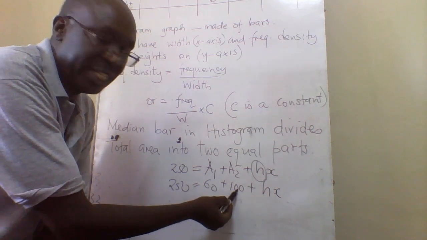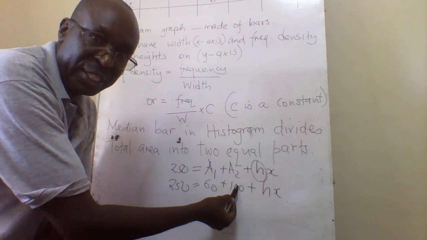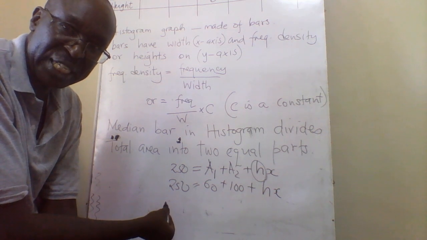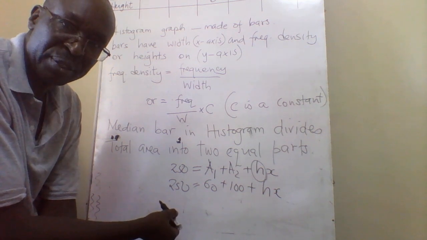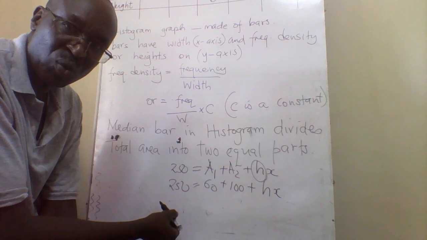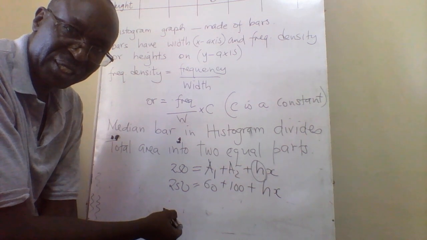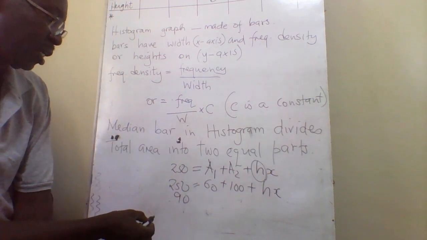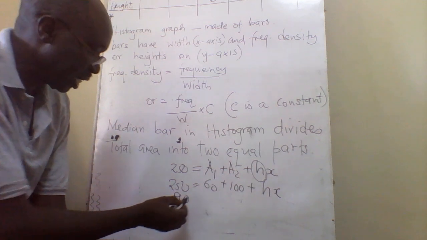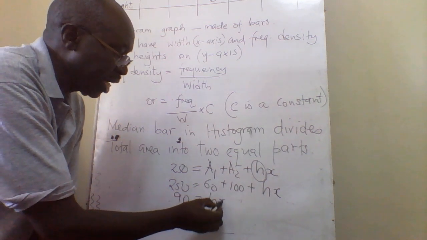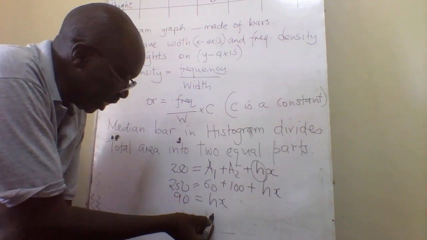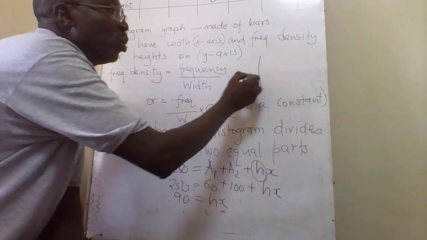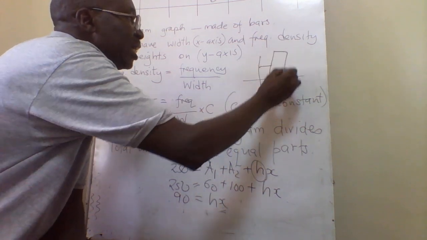So this is 160. When you bring it this side, 250 minus 160, what do you get? 90. Okay? 90 is equal to h times x. What we need is really x, because the height exists, the way I told you, you will have had these heights.